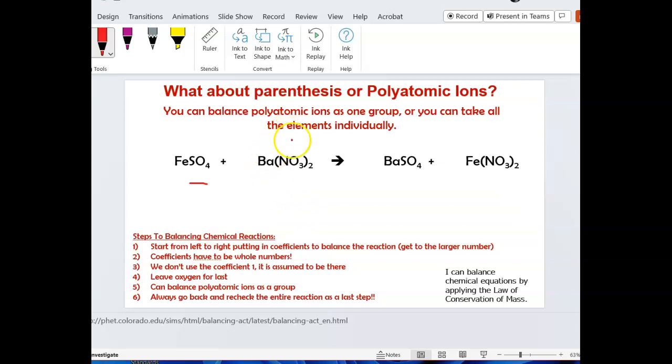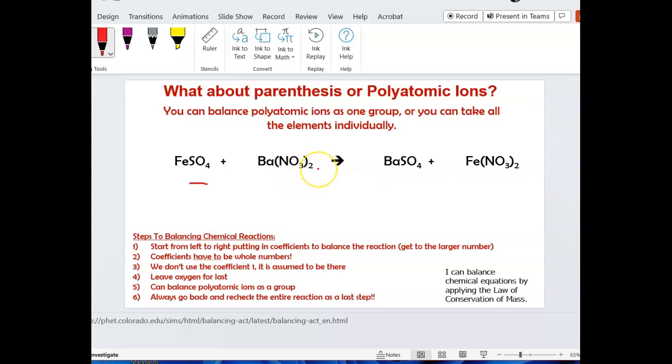I'm going to look at nitrate first. So I could say I have 2 whole nitrates because there's a 2 on the outside of the parenthesis. So I can balance that as one big group, a nitrate. I have 2 of them. Or I could say I have 2 times 1, 2 nitrogens, and 2 times 3, 6 oxygens. Right?